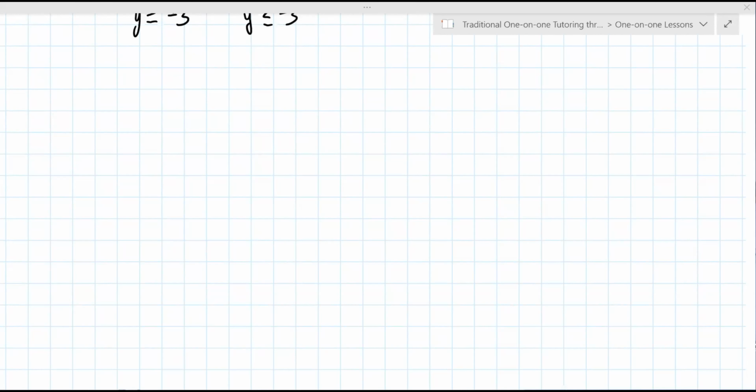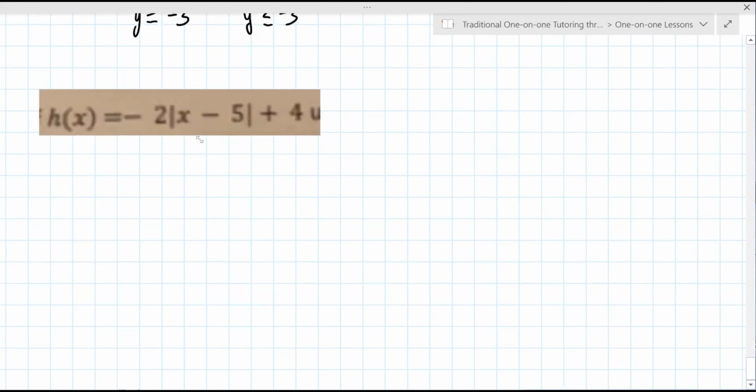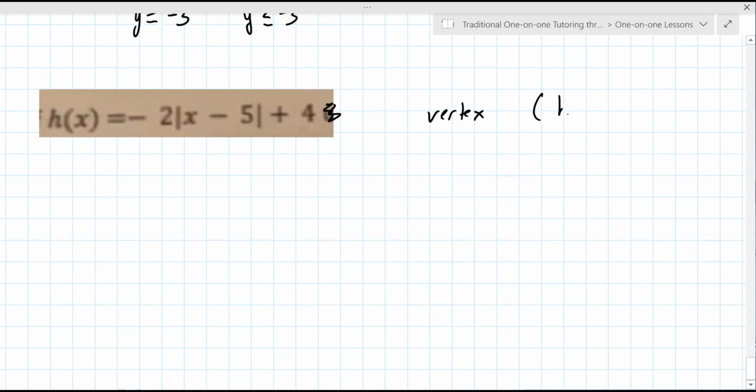Okay, so let me snip this in. So this one right here, what is the vertex? The vertex is h comma k, and I'll write it out here, x minus h plus k.